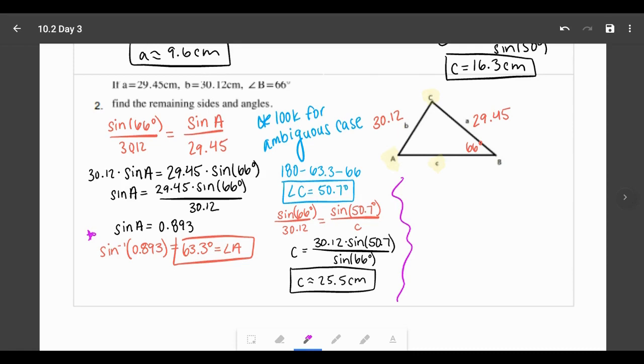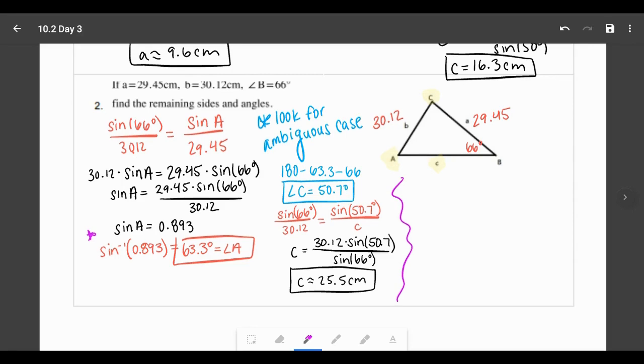Recall from chapter 9, when we take the arc sine, we are limited to answers only in the first or the fourth quadrant. For all of these cases, since a triangle must have a positive answer, all of them should be first quadrant angles.